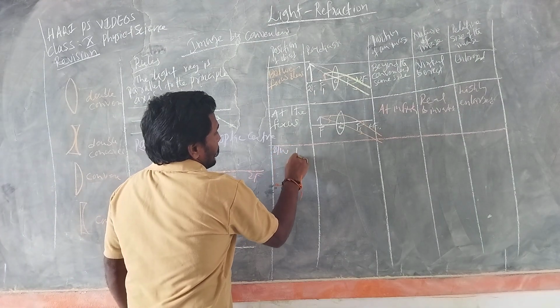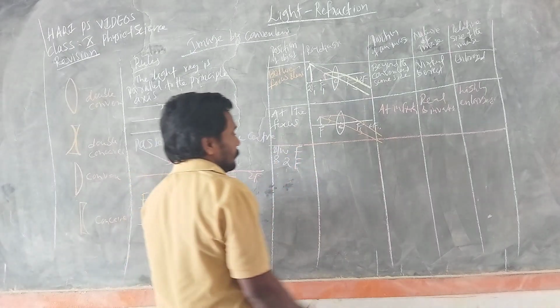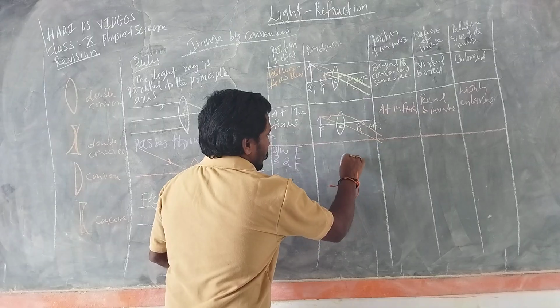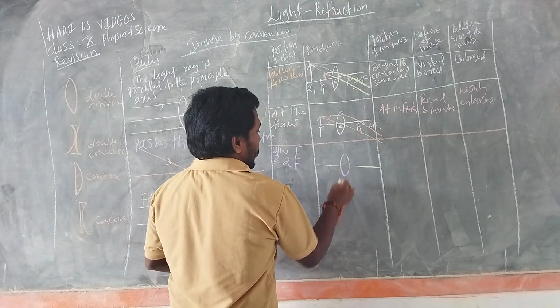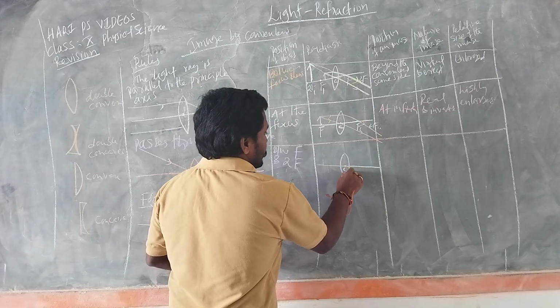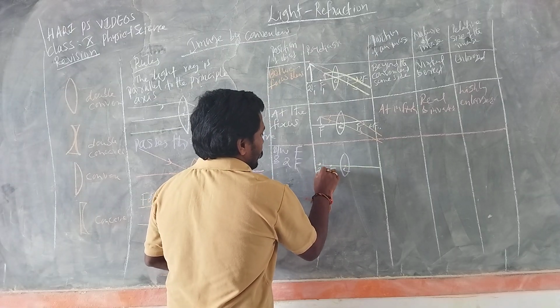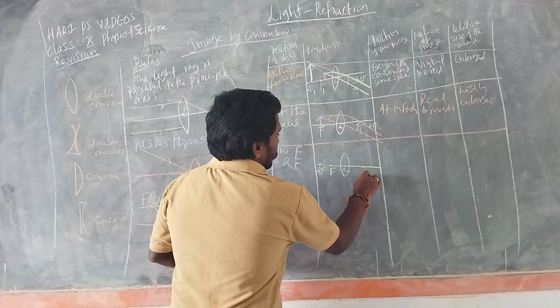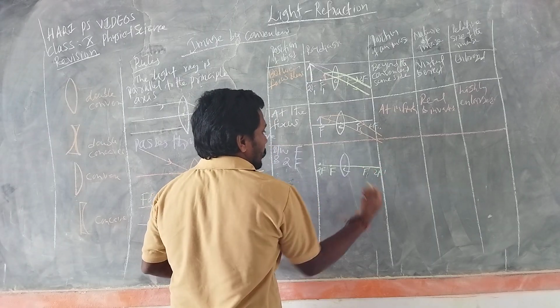So lens, principal axis, optic center, here it is the focus F, 2F, here F1, 2F dash, F dash, no problem.